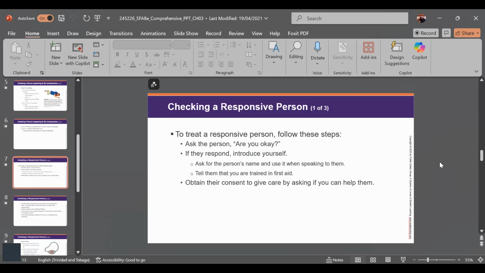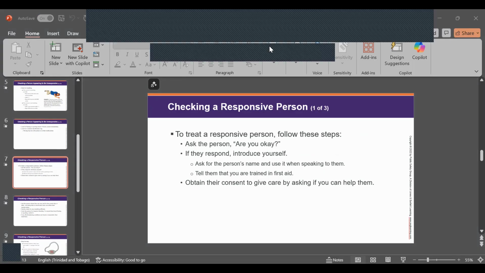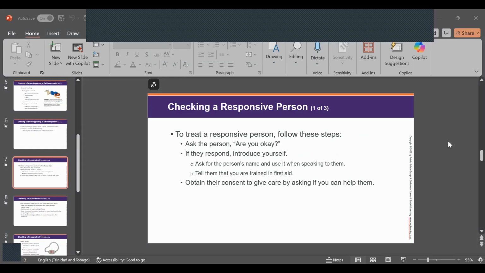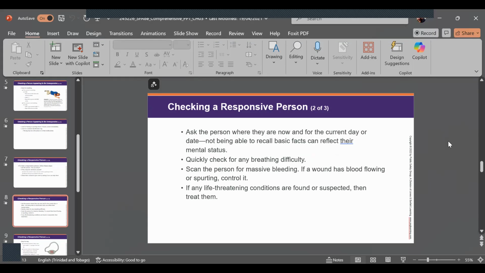Okay. For the responsive person, we start again. As we approach, we call out to the person. Identify yourself, ask them if they're okay, make sure you get permission to provide care, permission to treat them. Okay. On the screen here, you see ask where they are now, current day, date, maybe some basic information.